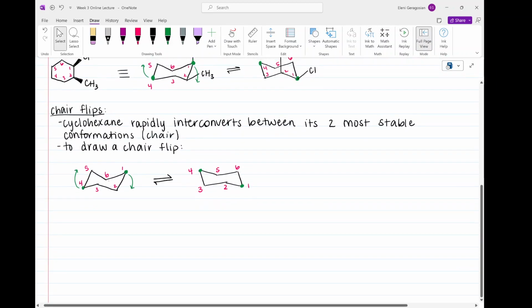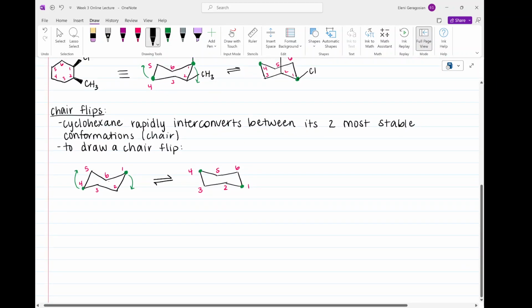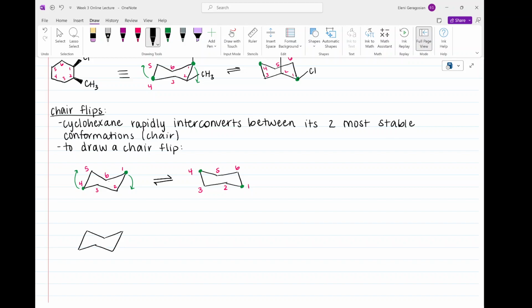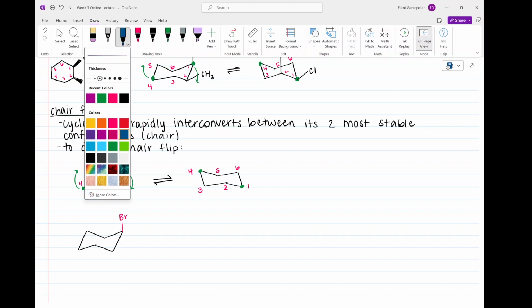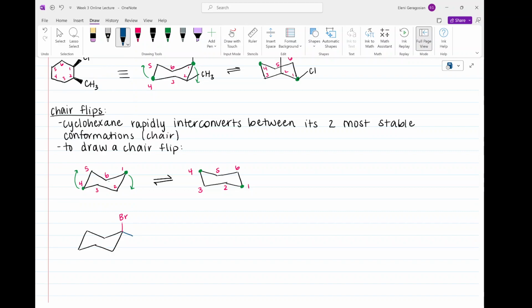Now let's do this with one example with two substituents. Drawing an original chair conformation. Let's put top right, we'll put a bromine. And we'll just emphasize, usually we don't draw hydrogens, but the hydrogens are there, so that carbon has a hydrogen in the equatorial position.